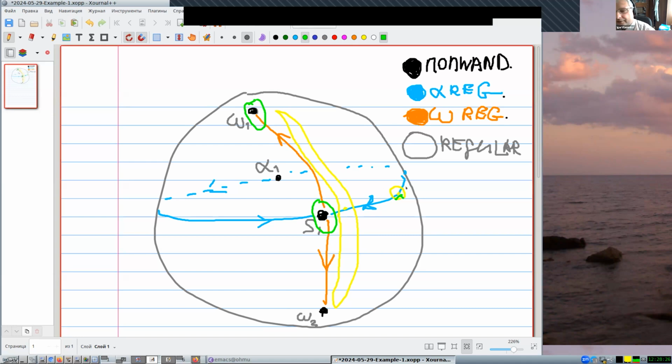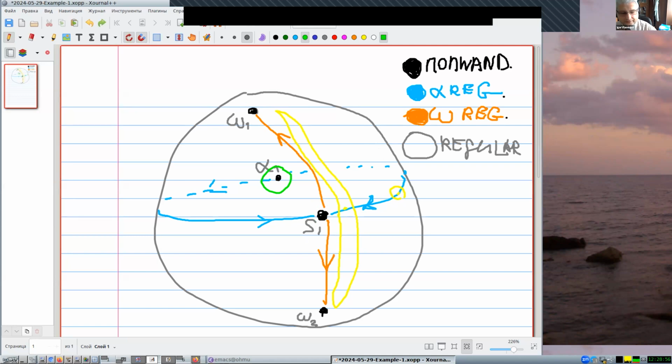Thus our point, which belongs to the stable separatrix, is non-omega regular. But with respect to backward iterations, it's regular. We can take a small neighborhood, and iterations of our neighborhood V here will be contained in this green neighborhood.